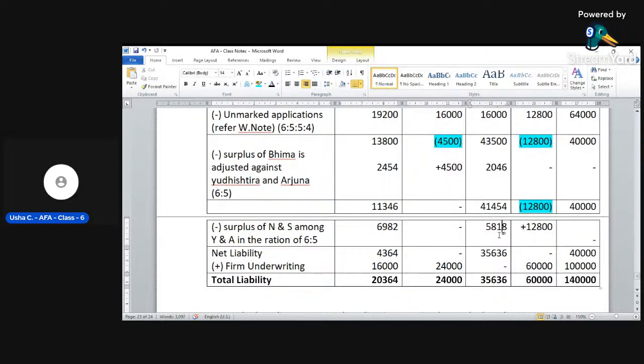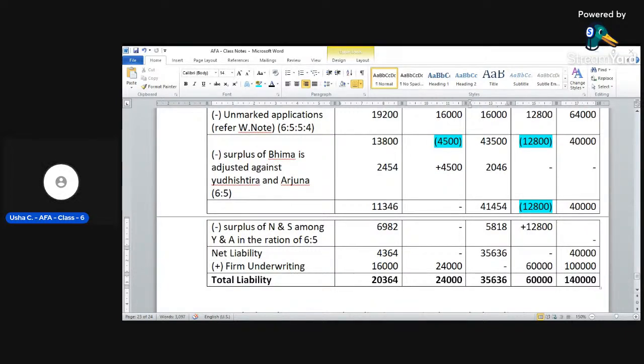My part of the application, 10,000, is completely received by the company. There is no liability on my part. I have done my work, my responsibility is fulfilled, and I have cleared my responsibility.